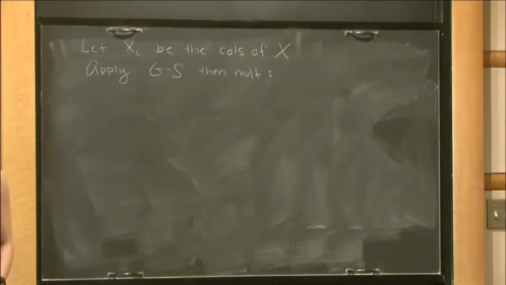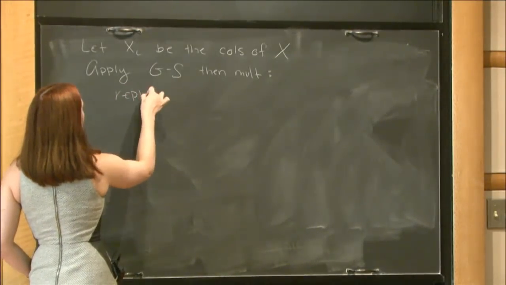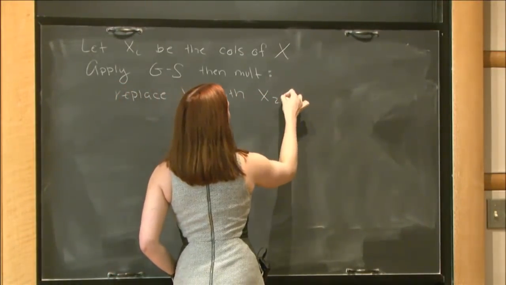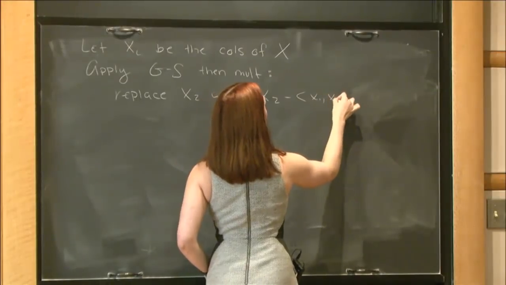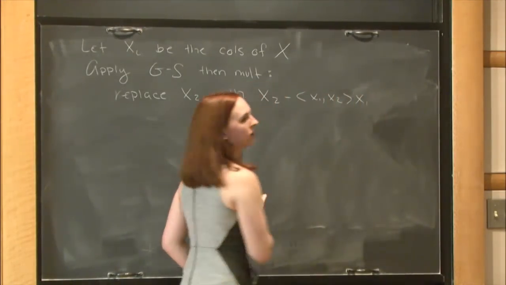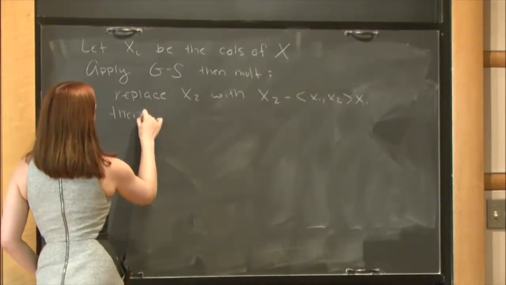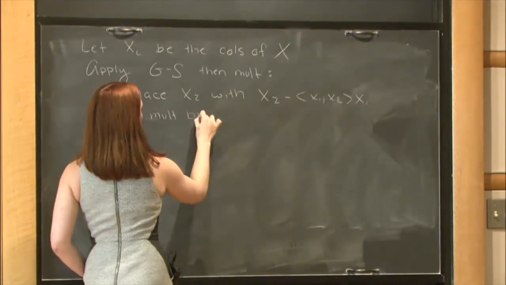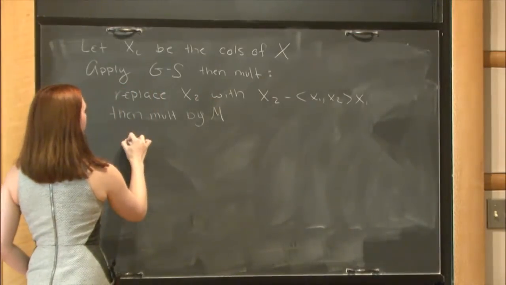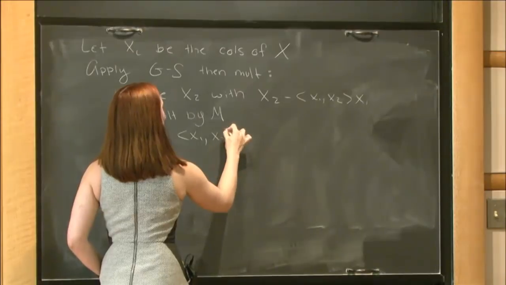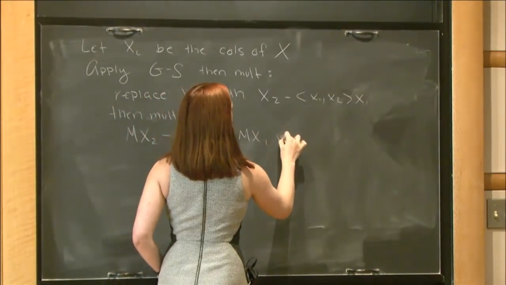So for instance, in the first step, I replace x2, the second column, with x2 minus the inner product of x1, x2 times x1. And then if I multiply afterwards by m, I end up with a second column, m x2 minus the inner product of x1, x2 times m x1.